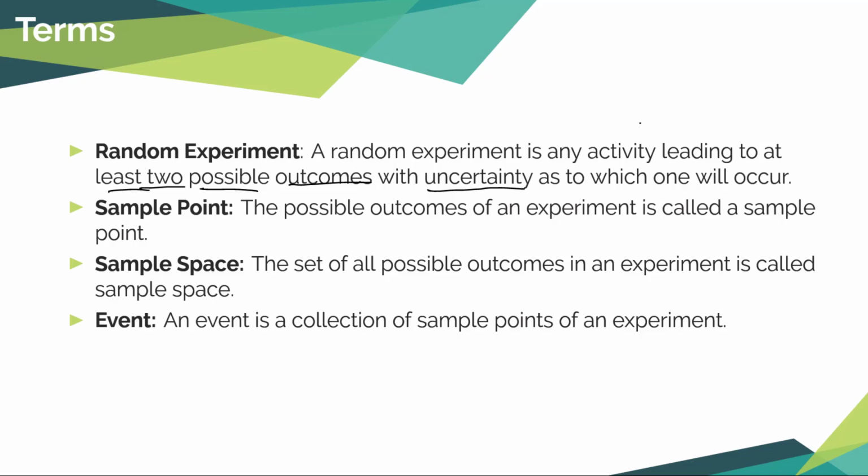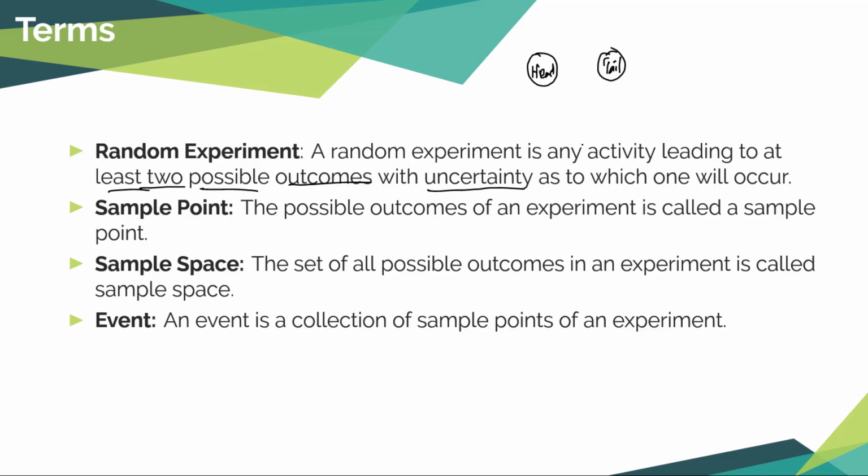Let's say, for example, you are tossing a coin, right? So when you toss a coin, the coin will flip and it will fall either on one side or the other side, right? A coin has two sides and we call them head and tail.